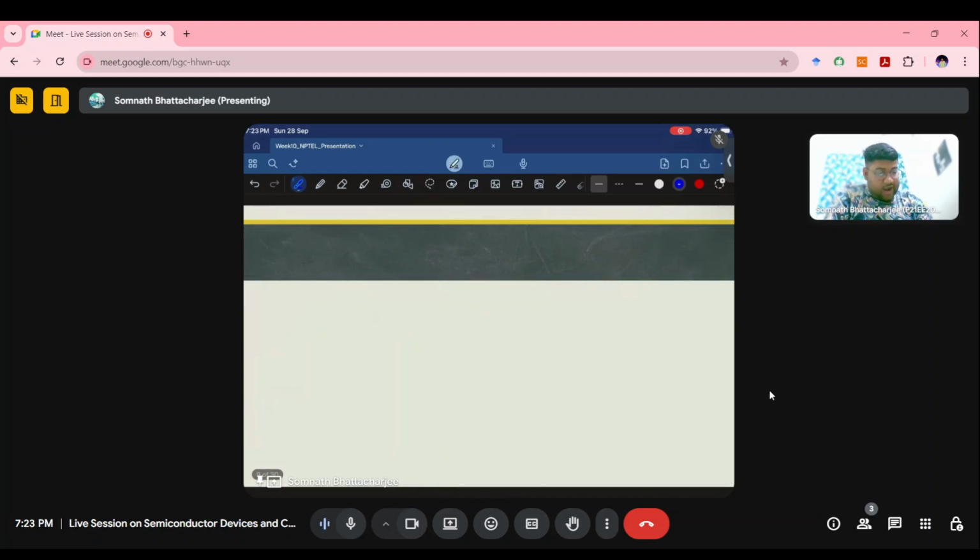Apart from that, there is another factor called parasitics. The concept of parasitic capacitance and those things comes from here actually. So what is parasitic?